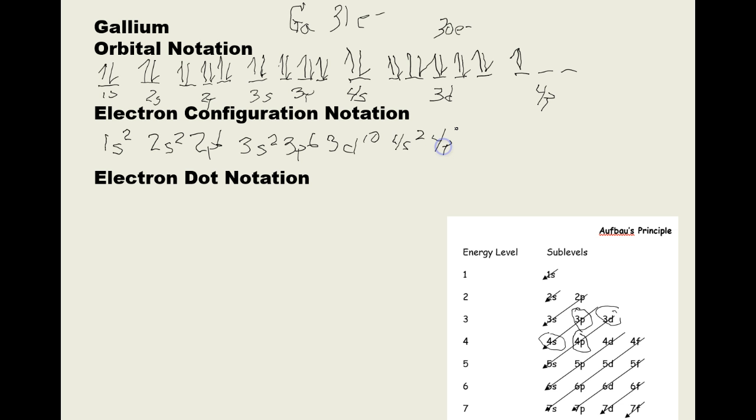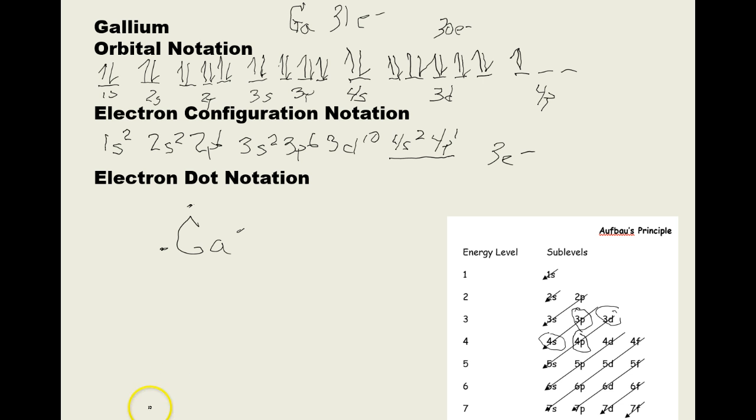That puts your valence electrons right at the very end. Underline your valence electrons. And how many do you have? We have 3. Gallium, the symbol, 3 electrons, 1, 2, and 3. So gallium can form 3 bonds.